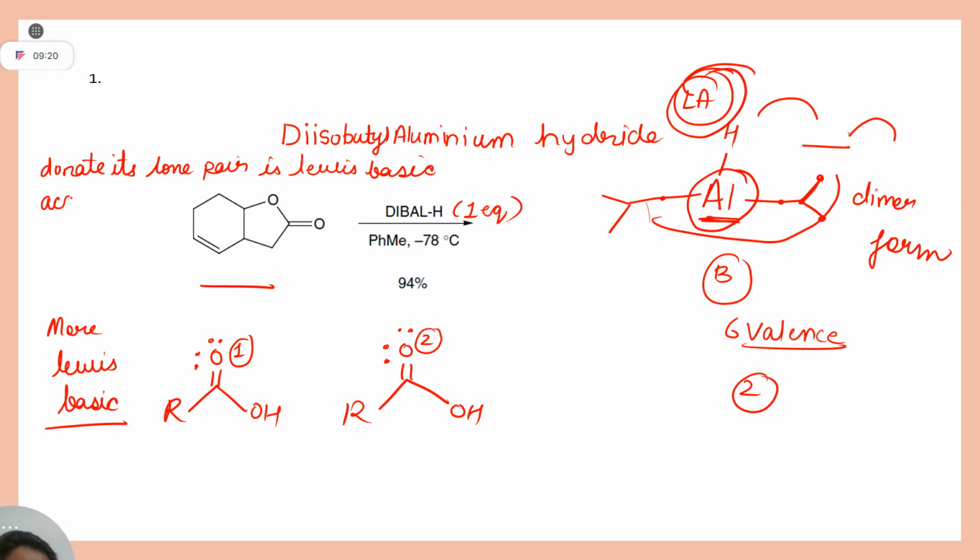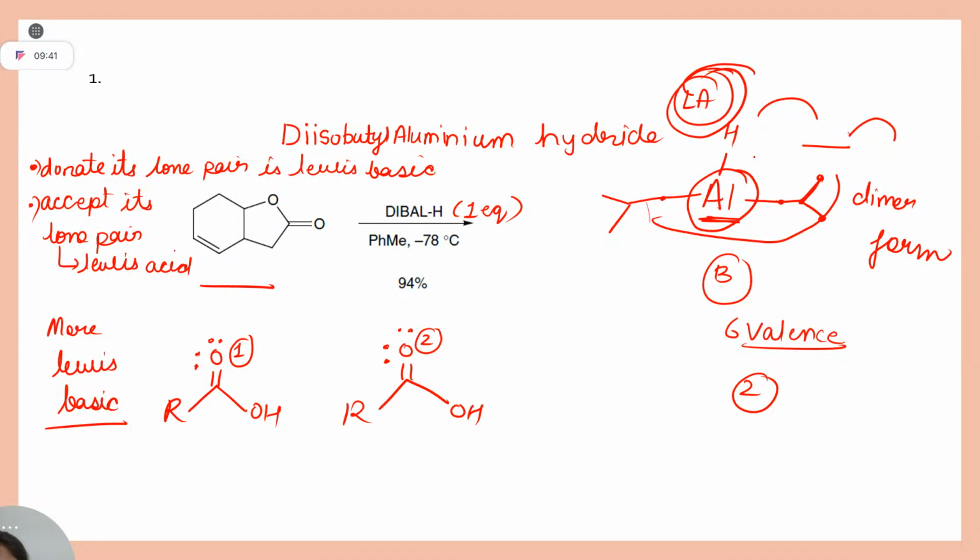Anything which can accept a lone pair is Lewis acidic. So in our case, students, aluminium is what?